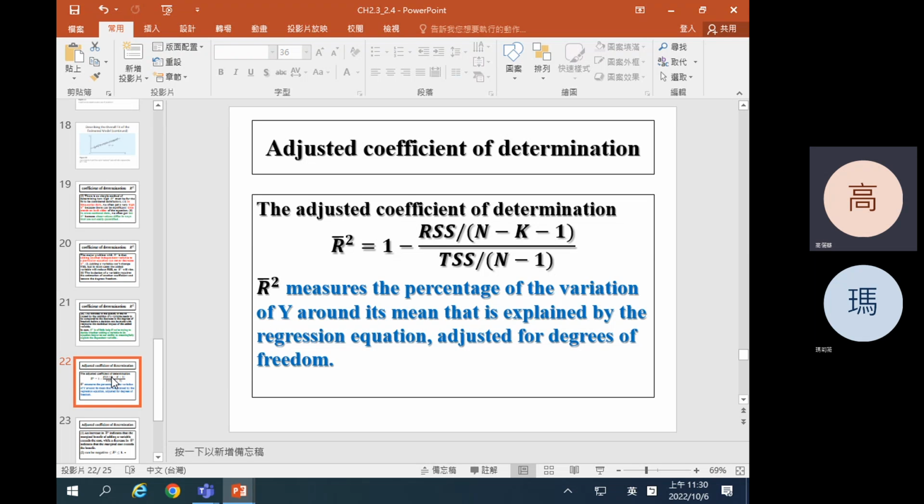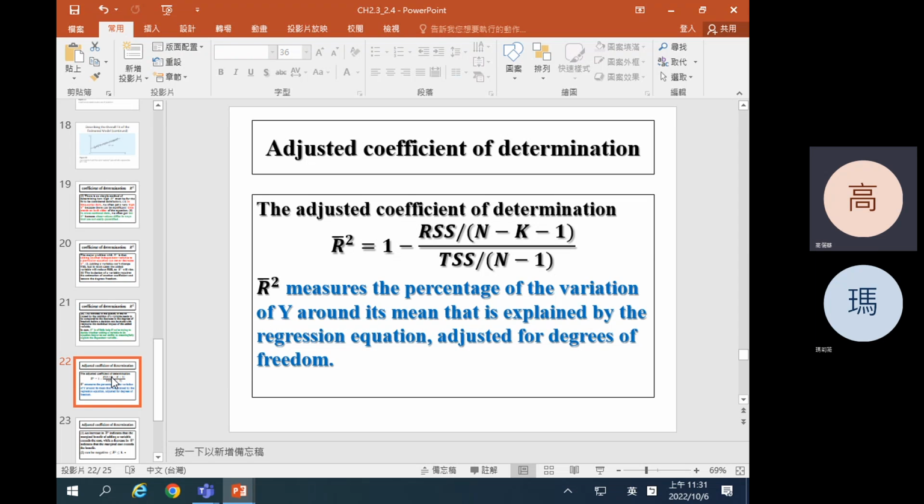The other one is n minus 1. So the difference is k, right? It means the more x variables, you subtract more, the number of x variables. Therefore, this one is 22 if we have 2 variables.